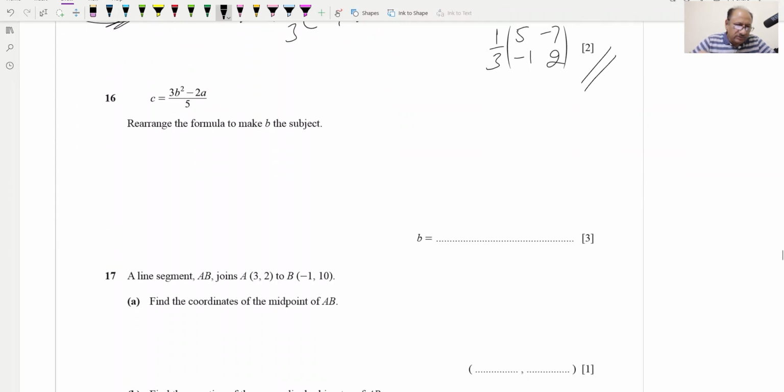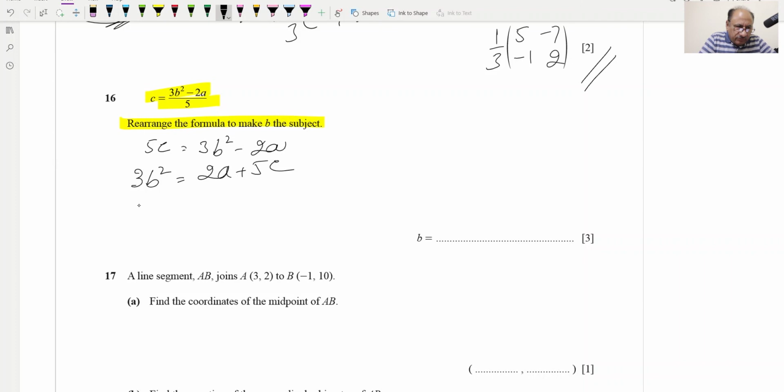Now question number 16. This is rearranging the formula, making b the subject. First of all we shift 5 to the other side, so 5c is equal to 3b squared minus 2a. Now we shift 2a to the other side, so 3b squared is equal to 5c plus 2a, or 2a plus 5c.